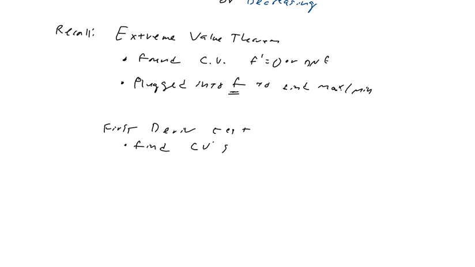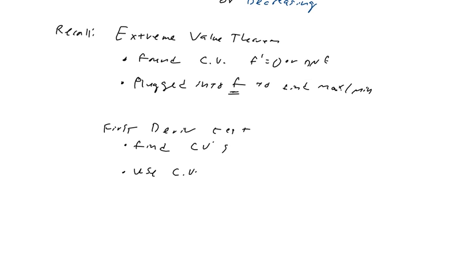It's still important to know where the maxes and mins are, where the zeros and dne's are. But instead of plugging into the f equation, you're going to use these critical values to determine ranges, sections of the graph. And you're going to plug those sections into f prime.